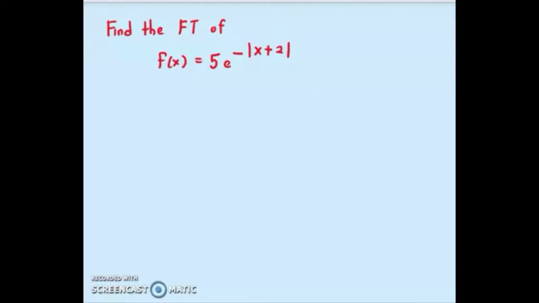Now we know the Fourier transform of f(ax plus b) is equal to 1 over a, e to the i b omega over a, f hat of omega over a. So we need to use this.